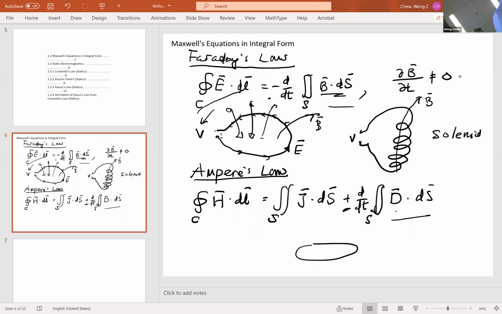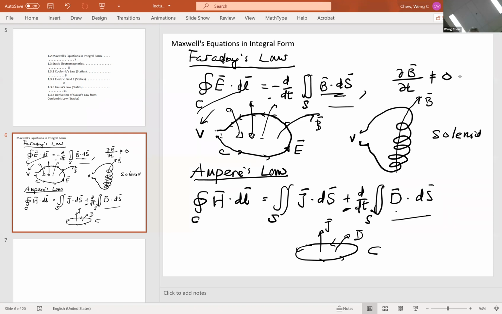So you will also have a loop C, like here we had a C before, and then you look for the J that goes through that loop C, and then look for the flux linkage D that goes through the loop.